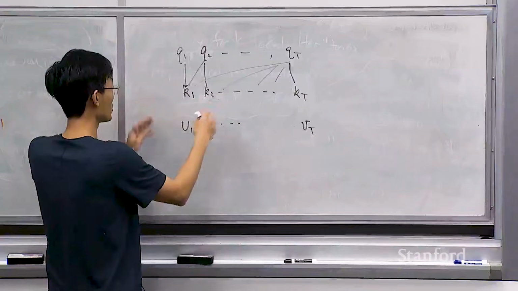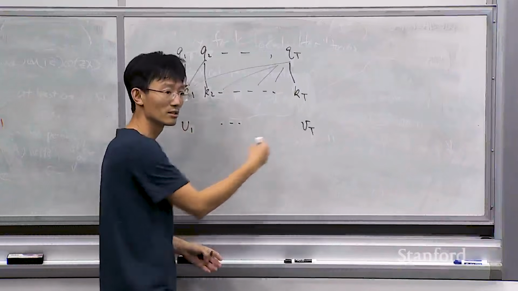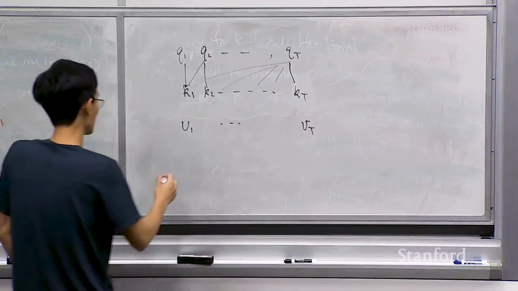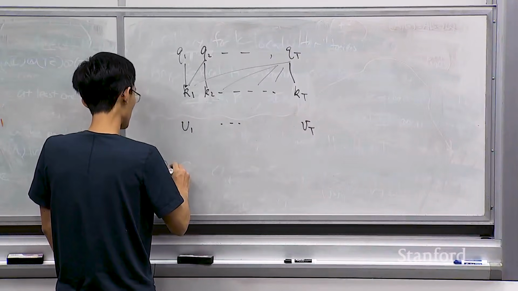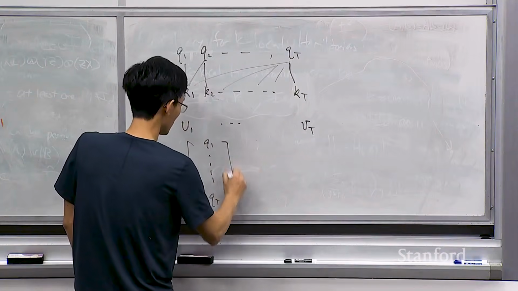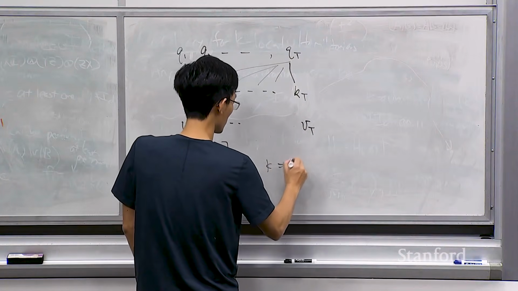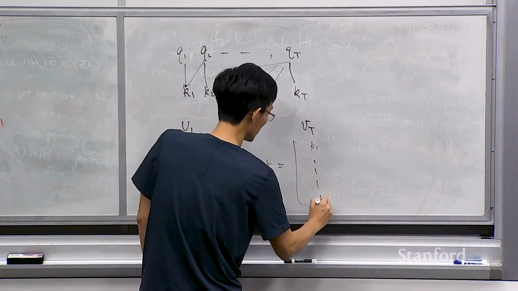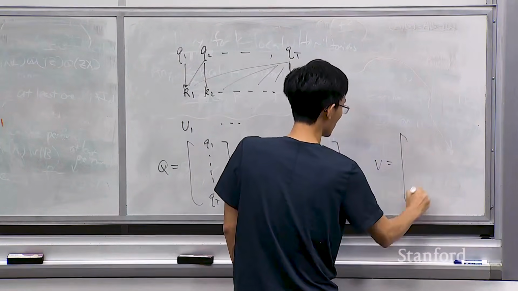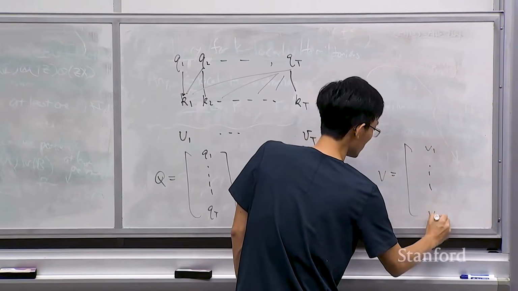And then once you get the attention scores, you multiply them with the V's to get the final outputs. You have a matrix Q, which is Q1 up to Qt, a matrix K, which is K1 up to Kt, and a matrix V, which is V1 up to Vt.